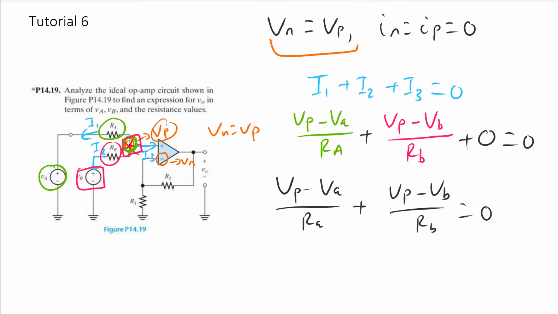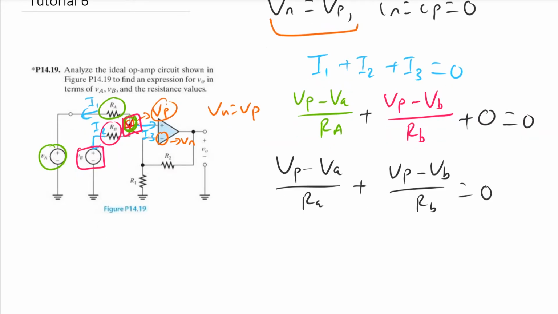So almost there, we just need to get a relationship between this Vp variable here and our output voltage. And we can do that by doing some analysis on this non-inverting terminal down here. If we look, we can actually do a voltage divider here. This voltage here is at this node on top of R1.